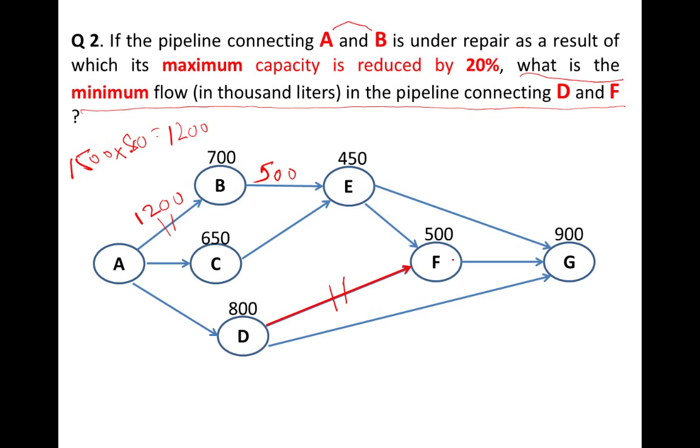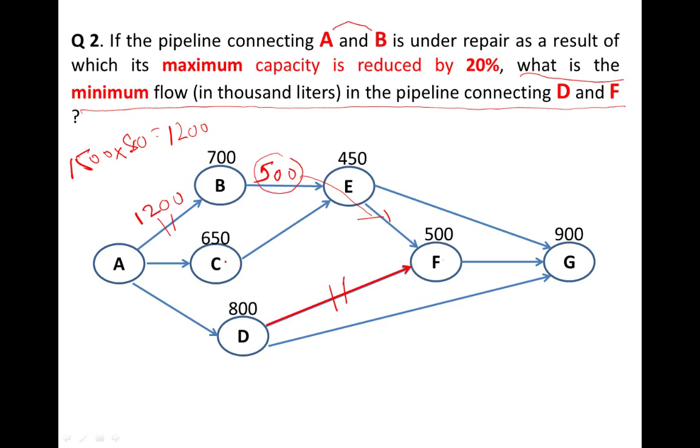So F's requirement can be met by passing this entire 500 through this pipeline via E to F. So the need of F is done by this 500, which comes from A to B, B to E and E to F.